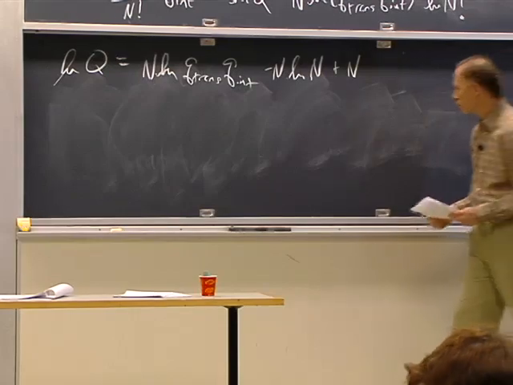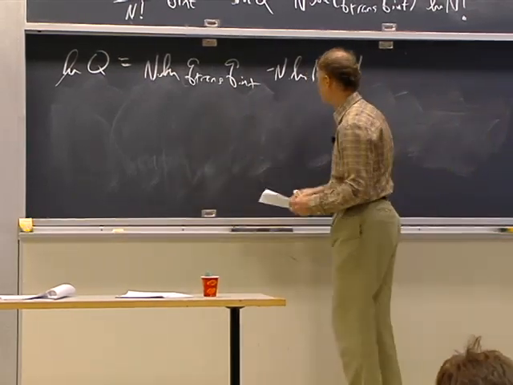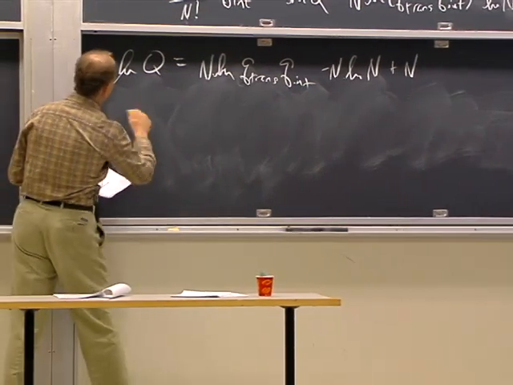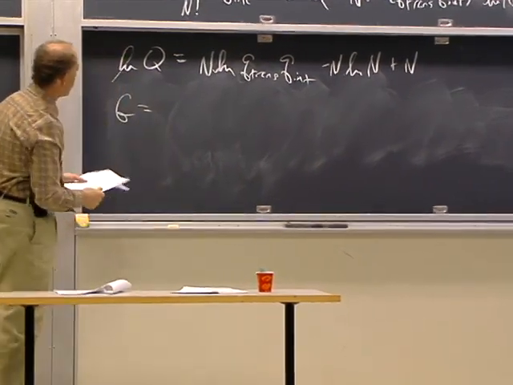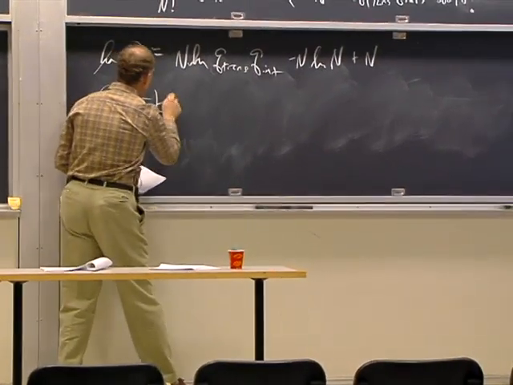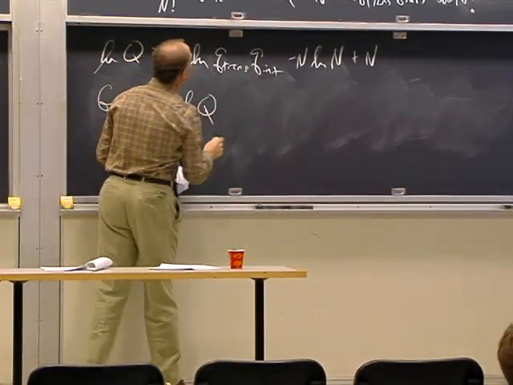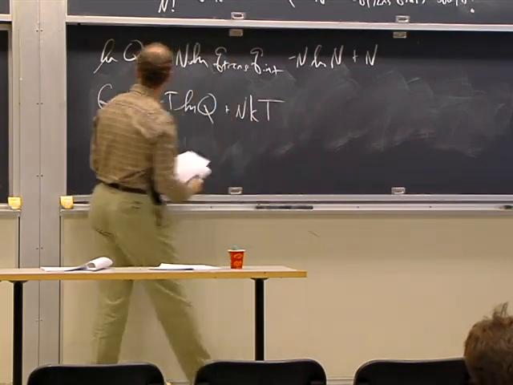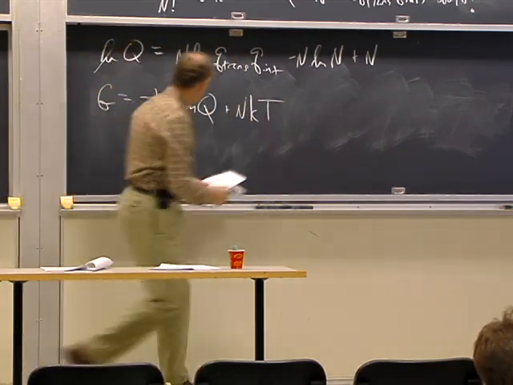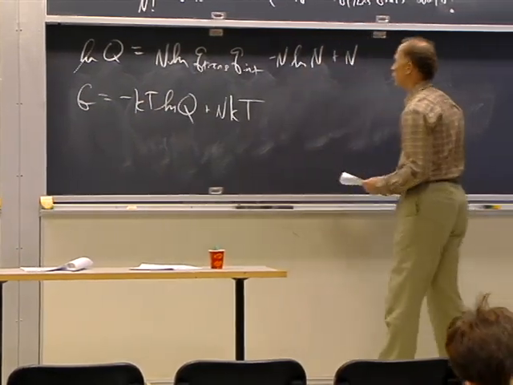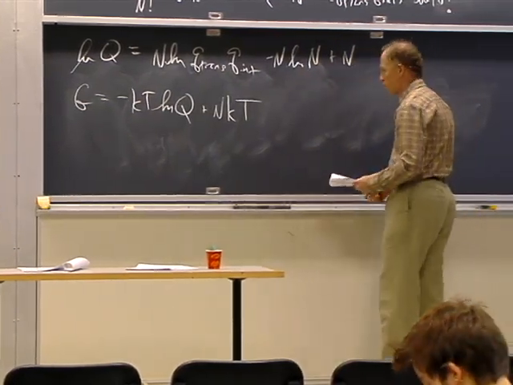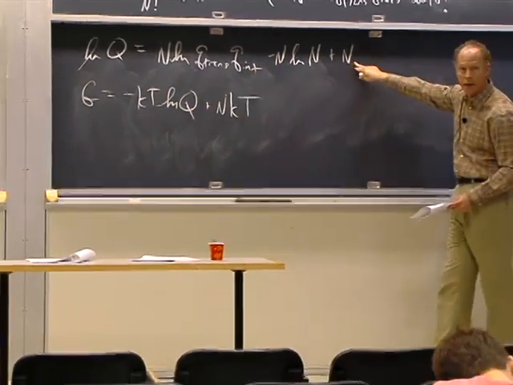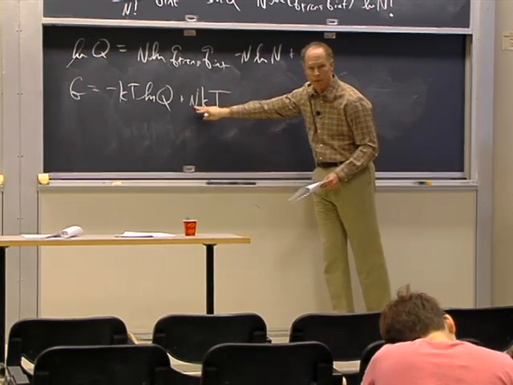Now our expression for G is minus kT log of Q plus NkT. So these factors of n are going to cancel: minus kT log of Q gives minus NkT, which cancels the plus NkT here.